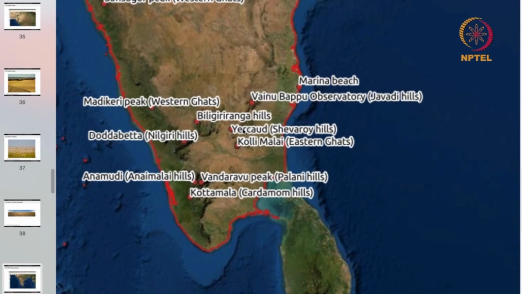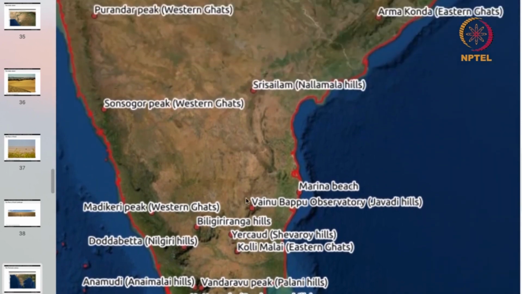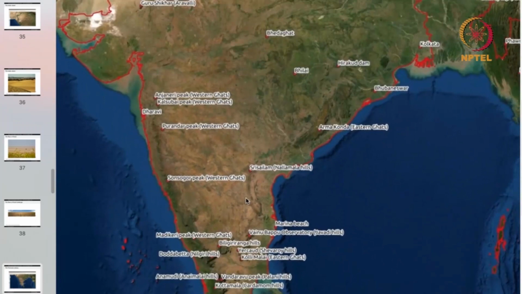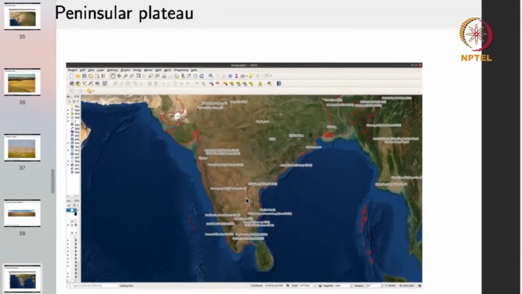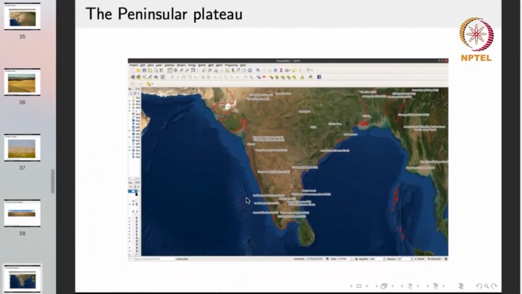So we have Javadi and Shiravoy Hills. Then we have this Kolimalai, which is a part of the Eastern Ghats. And then down south in Kerala, we have the Anaimalai Hills with places like Anamudi and the Palani and the Cardamom Hills. So this is essentially a highland area that we have in the form of the peninsular plateau.